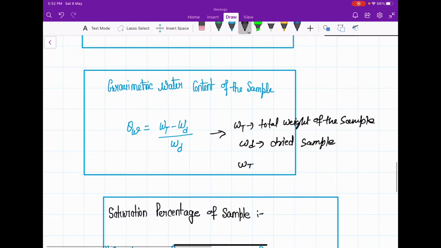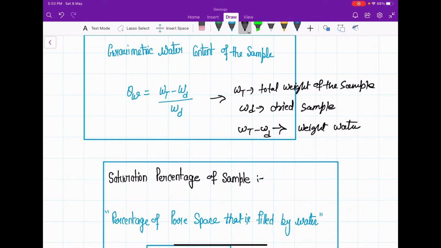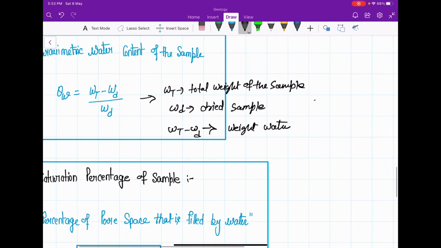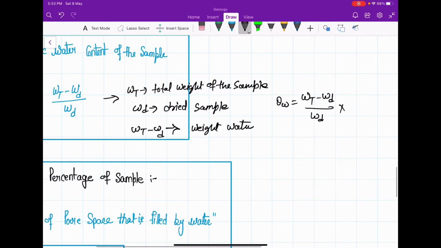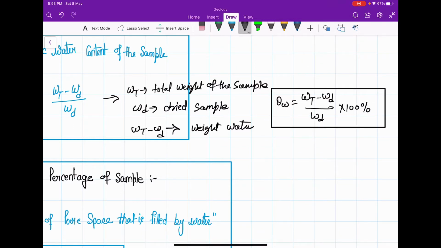So Wt minus Wd will give the weight of water. The gravimetric water content of the sample, denoted by theta w, is equal to the weight of water divided by the dried weight of the sample, and in terms of percentage, theta w is equal to (Wt minus Wd) divided by Wd into 100 percent. This is the formula in terms of percentage.